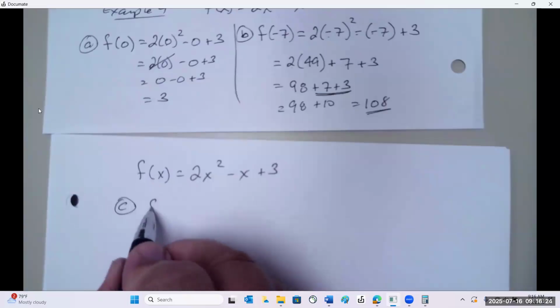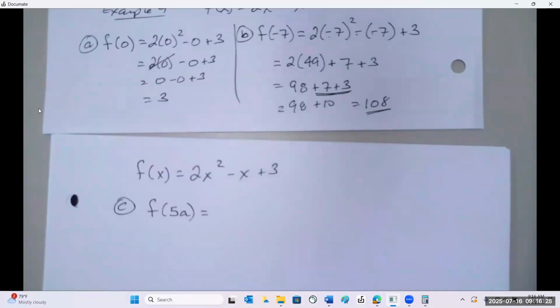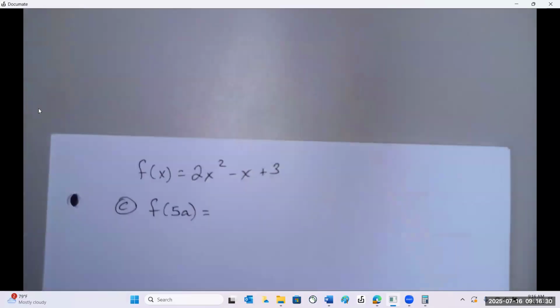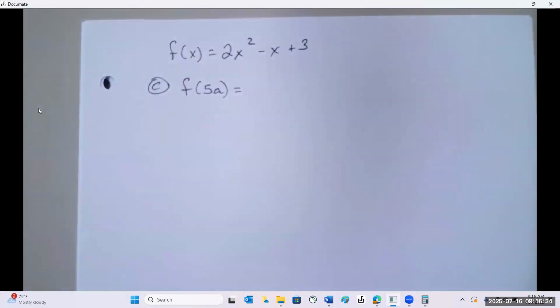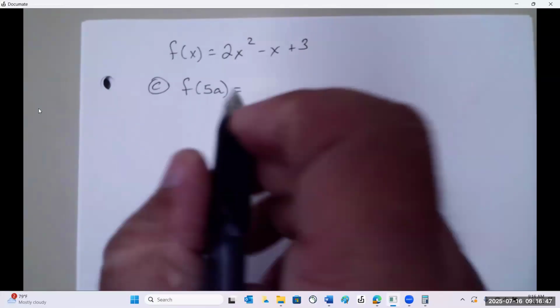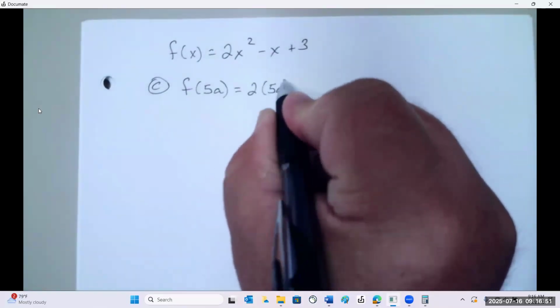C. f of 5a. So anywhere I see an x, I put a 5a.